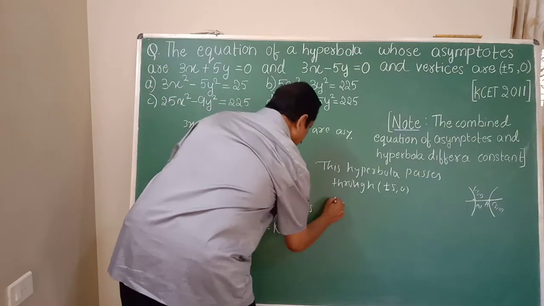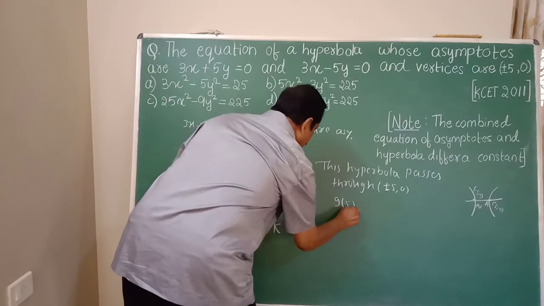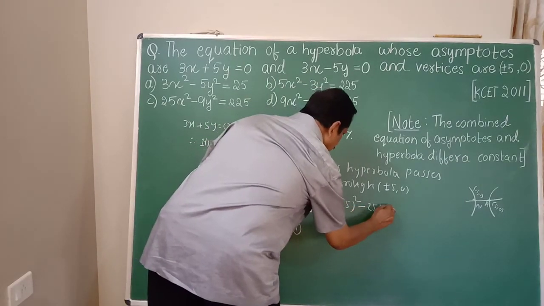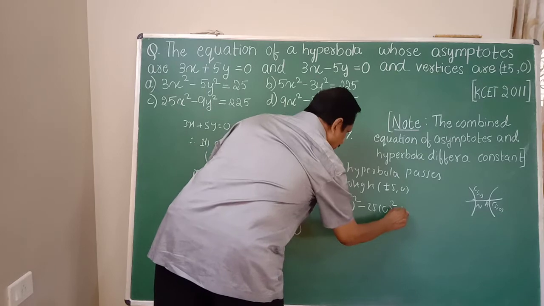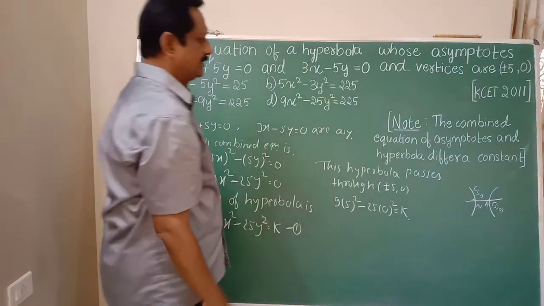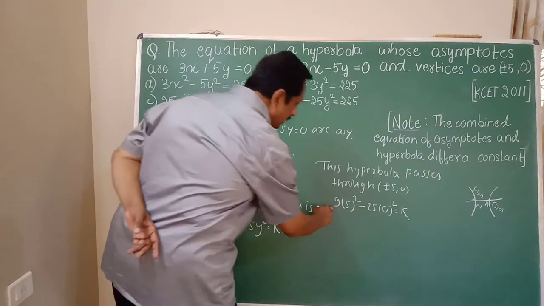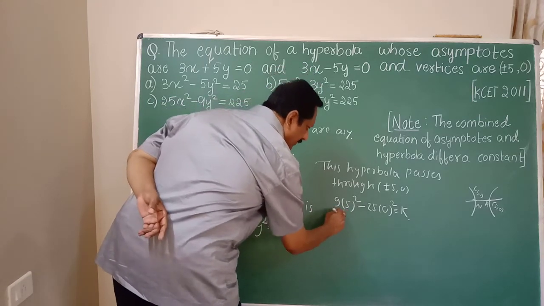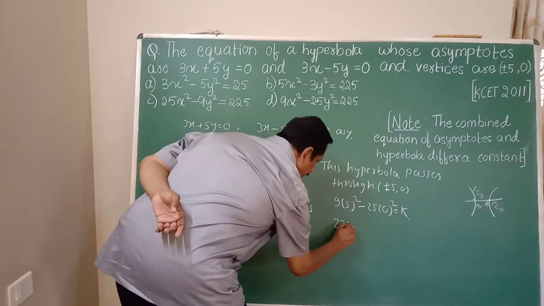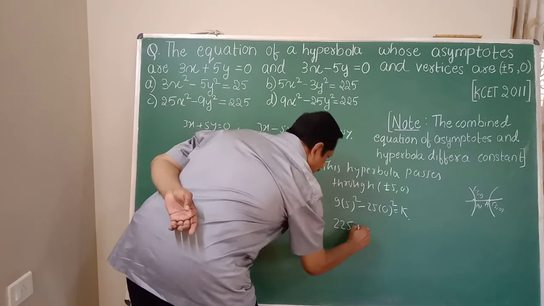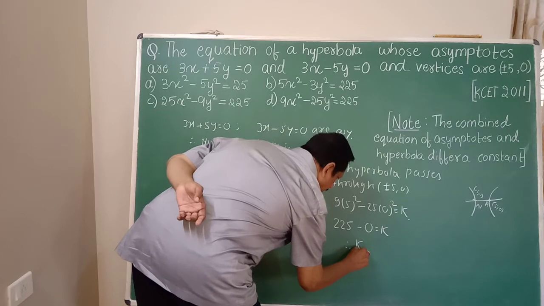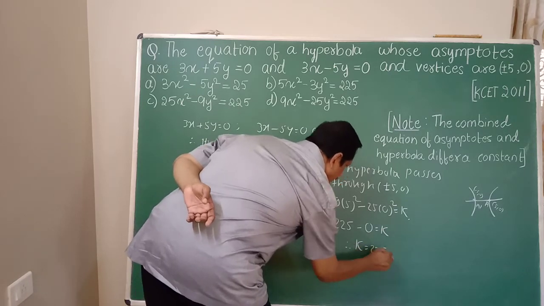Therefore 9 into 5 squared minus 25 into 0 squared is equal to some constant k. 5 squared is 25, 25 nines are 225, and this becomes 0, so k = 225.